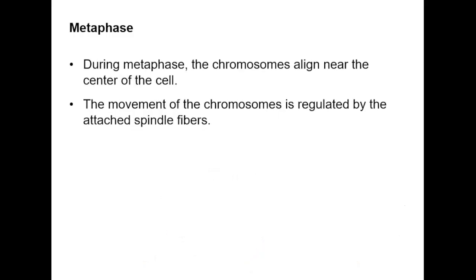Second, we have metaphase. In metaphase, there is only one event that happens here, which is the alignment of the chromosomes at the center of the cell. And we call the center the equatorial line, similar to how the equator is the center of the Earth, right? So the chromosomes align at the center called the equatorial line.